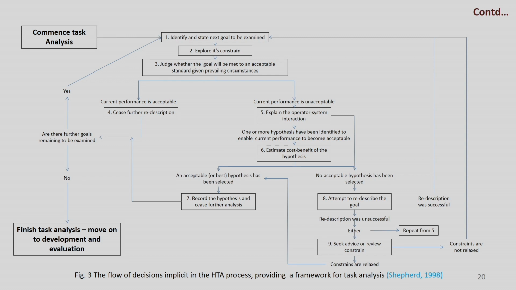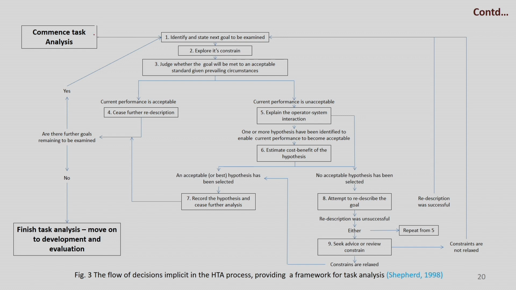Now, take this example. So, now you thought of doing hierarchical task analysis. So, you start your job here. How? Identify the task and state the goal to be examined. First, you identify the task and explain what the goal is.